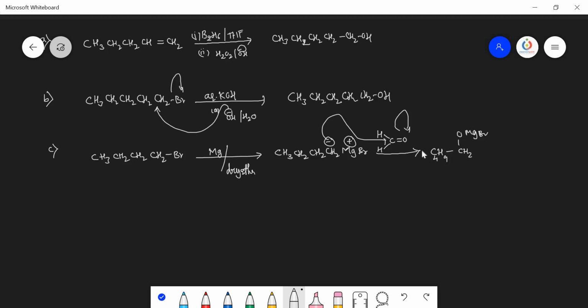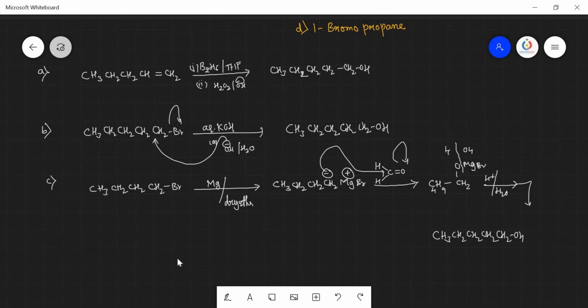One minute, I made a mistake here. Okay, this is correct. This is the fifth carbon. No, I thought it was the fourth carbon, so this carbon it is. So this is okay. Now treat with H plus and H2O. So hydrogen here and OH here, disconnect this bond. So we get the molecule CH3, CH2, CH2, CH2, CH2OH, pentan-1-ol.